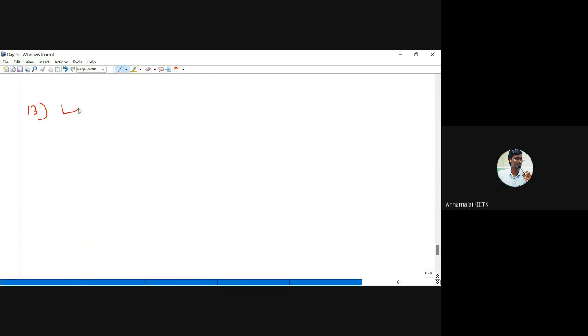Let xn be the sequence given by: the first term is square root of 1, the second term is minus square root of 1, the third term is square root of 2, and the fourth term is minus square root of 2, and so on. This is xn.